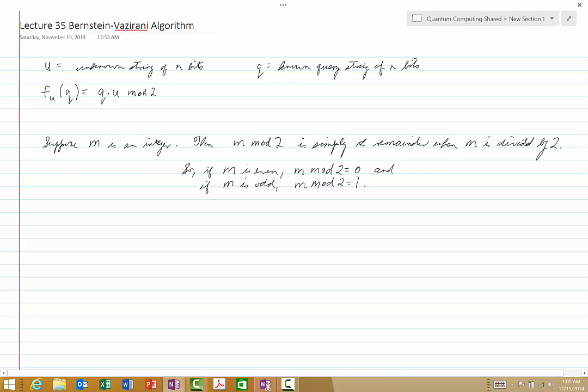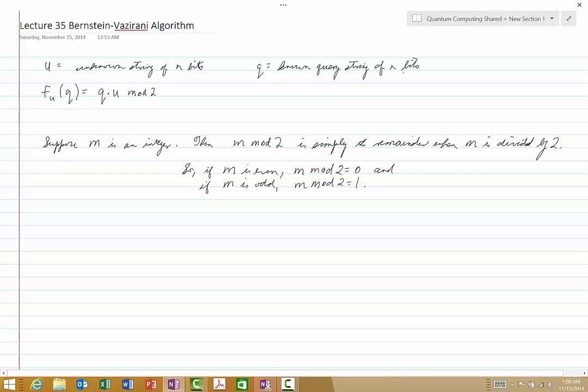So we come back up here now to our information about the Bernstein-Vazirani algorithm, and you see that the situation we have is that we have this unknown string u. We would like to figure out what u is equal to, and as is stated, it has n bits, and so we can use this function f sub u and different query strings to try to find out what u is.